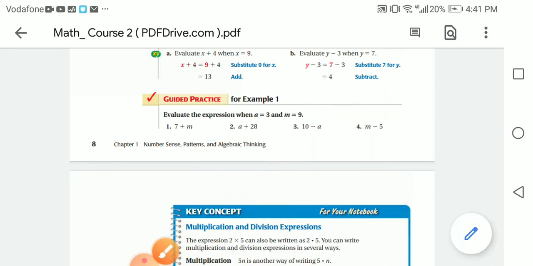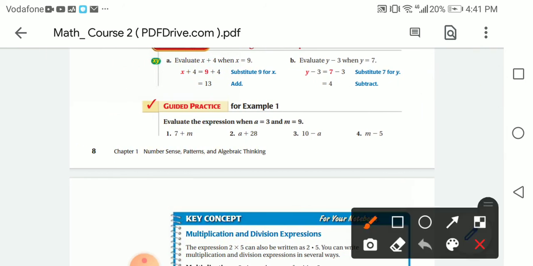Okay, so this is for example A. Let's see example B. Evaluate y minus 3 when y is 7. Can you see this? Substitute 7 for y, or put 7 instead of y. So 7 minus 3 gives me 4.